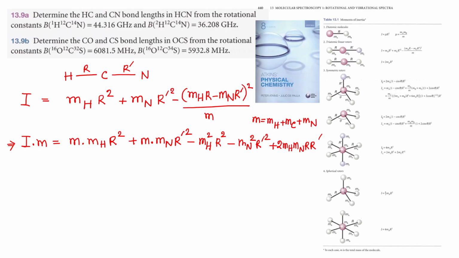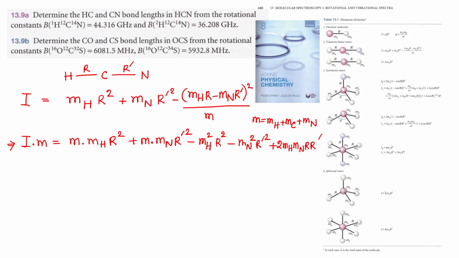Here, two kinds of isotopes of hydrogen are given. The rotational constant for the whole molecule is given, not from an individual site. Can you see this?